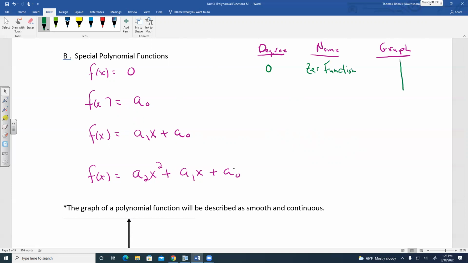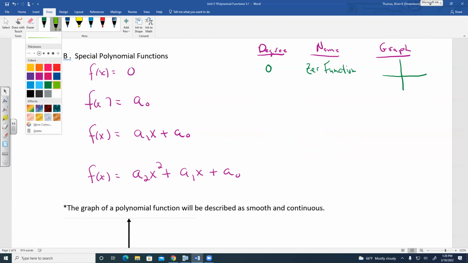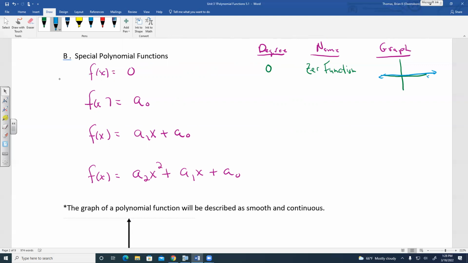So if I graph this, this means again y equals 0. Y equals 0 is the x-axis. So the 0 function really represents a graph along the x-axis.